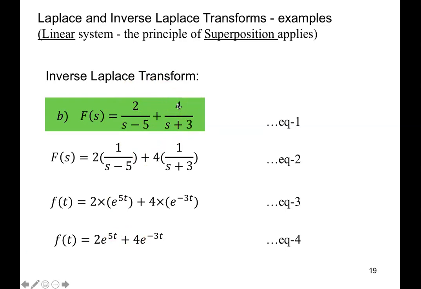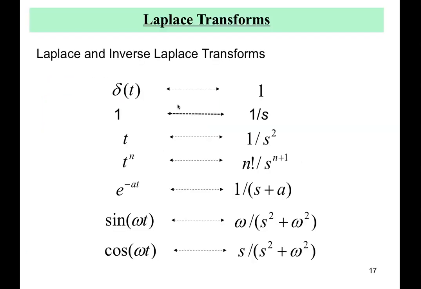I'm doing this because we will need to use the concept of the Laplace transform and inverse Laplace transform to solve our problems a lot. So we need to get familiar with converting from time domain f(t) to F(s) and backwards from F(s) to f(t). It also helps if you can memorize some of these pairs. Impulse to 1.